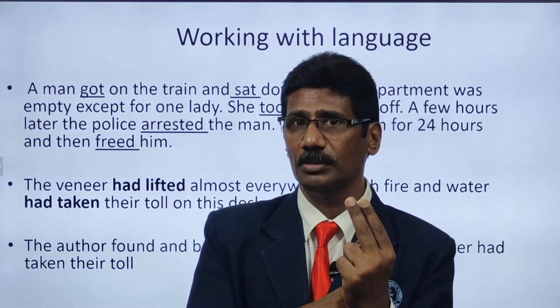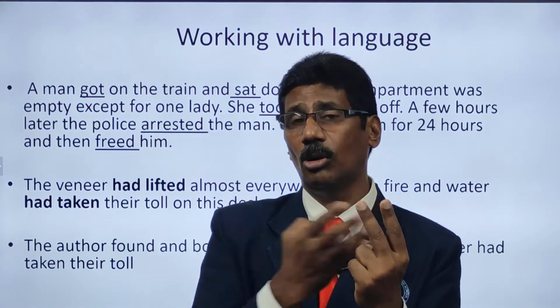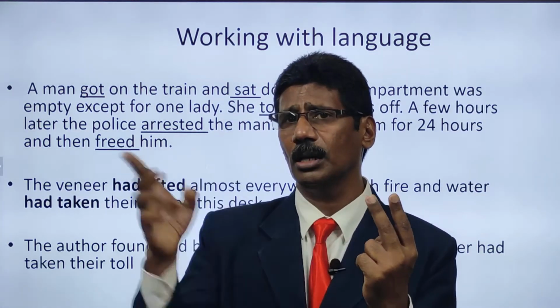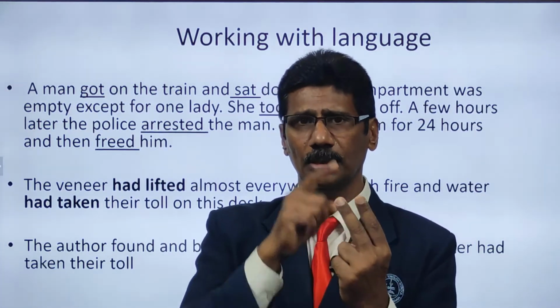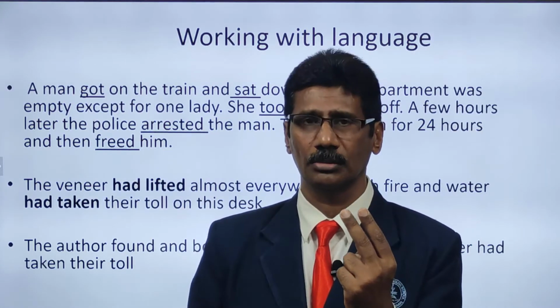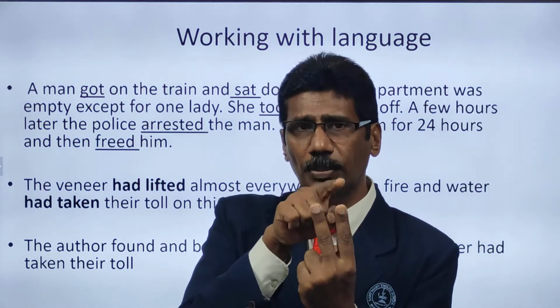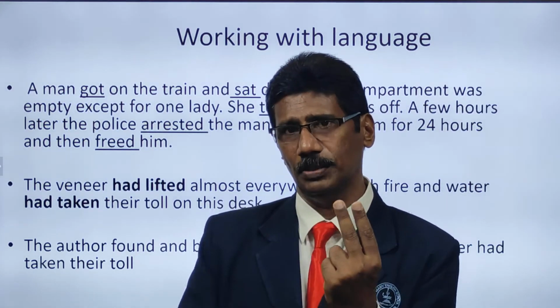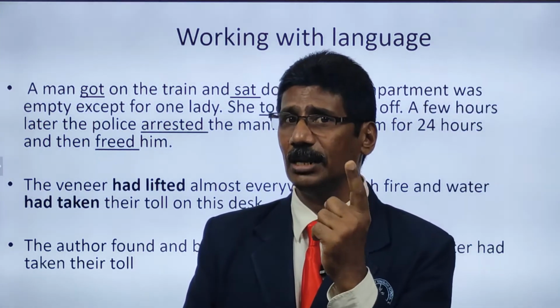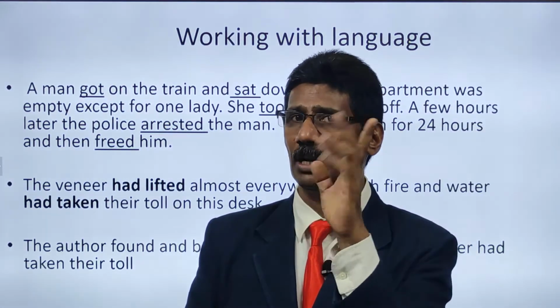Examples I gave. Cut: all the forms are the same. Cut, cut, cut, cutting. Jump, jumped, jumped, jumping. Like that, many verbs repeat for past as well as past participle. But understand, wherever an auxiliary verb is there, it is the past participle.